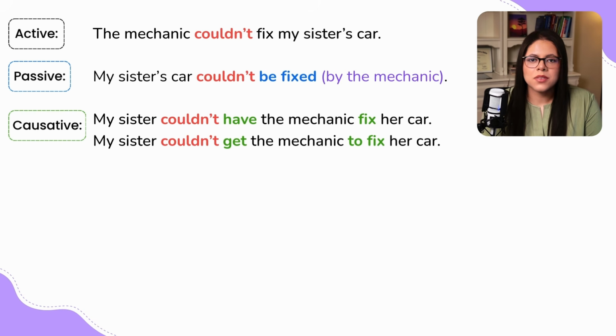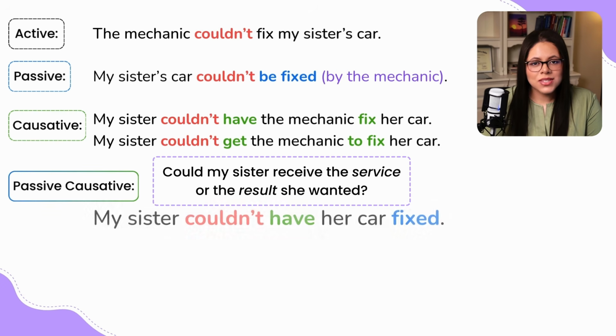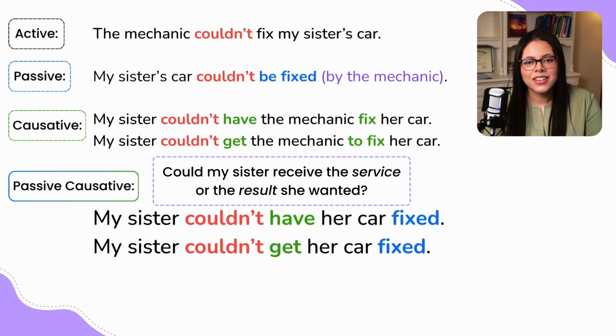Let's forget about the mechanic and just focus on the status of the car. Could my sister receive the service or the result she wanted? No, my sister couldn't have her car fixed. Or more conversational, my sister couldn't get her car fixed.